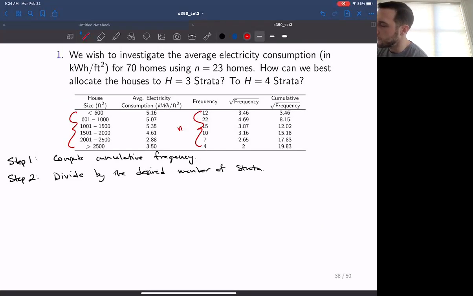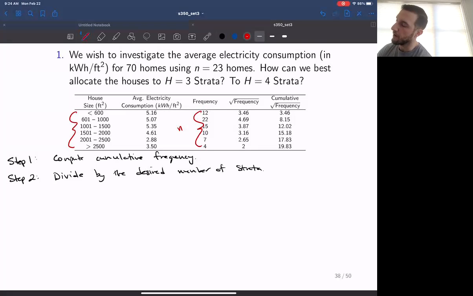So this would be little n, and I don't want to write subscript h here because these aren't the strata, but these would basically be little n for each of the different house sizes. Okay. Then you can see what we're doing is we're taking the square root of the frequency in the fourth column.